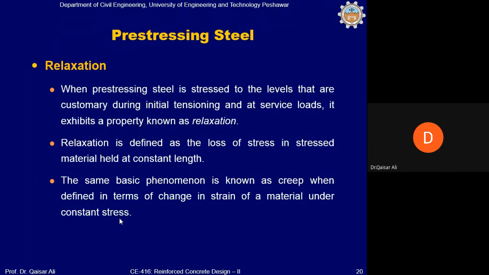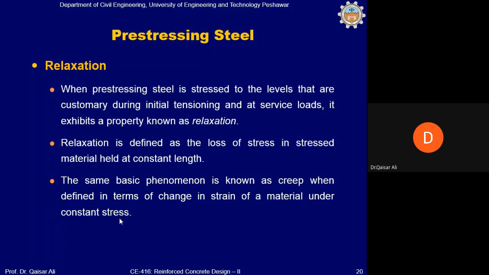If this strain is constant, the strain multiplied by the modulus of elasticity equals stress, so the stress in steel should remain constant. However, this does not happen practically. Practically, even at constant strain, if steel is kept for a long duration in a stretched position, there is a loss in stress.